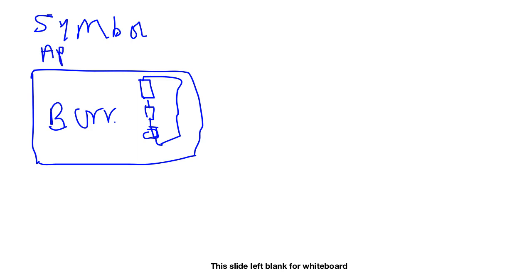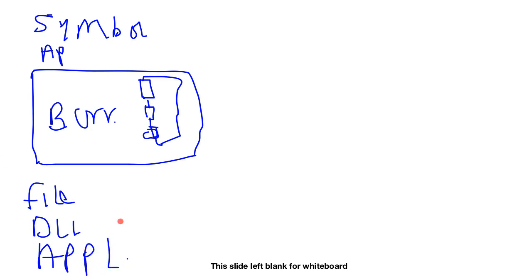And that's why we have said the component can be a file. It can be a dynamic link library. It can be an applet. And this applet is the one that maybe you say .php, maybe .js, that is JavaScript, and many others that we have as an applet or applets.